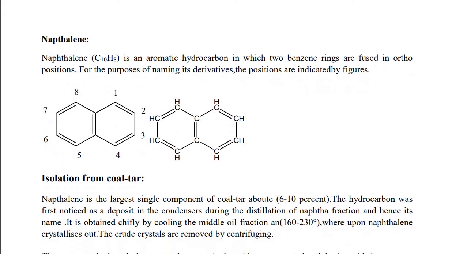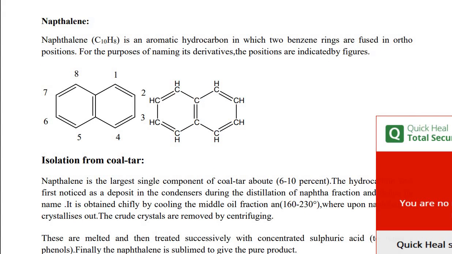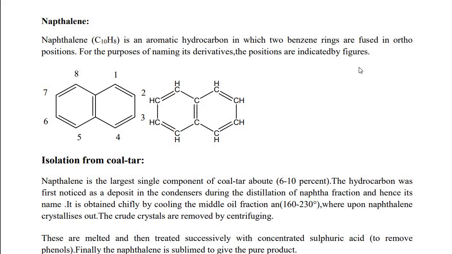Now, friend, naphthalene. My friends, start with the naphthalene. Naphthalene, C10H8, is an aromatic hydrocarbon in which two benzene rings are fused in the ortho position.